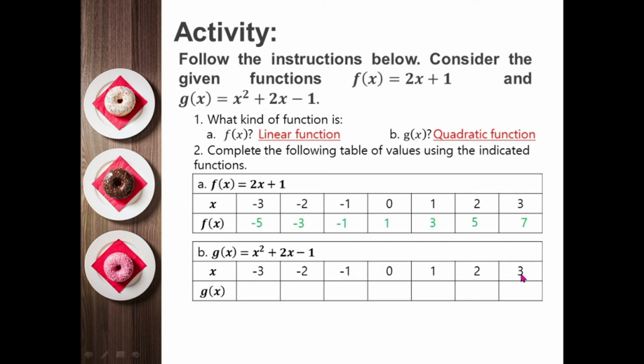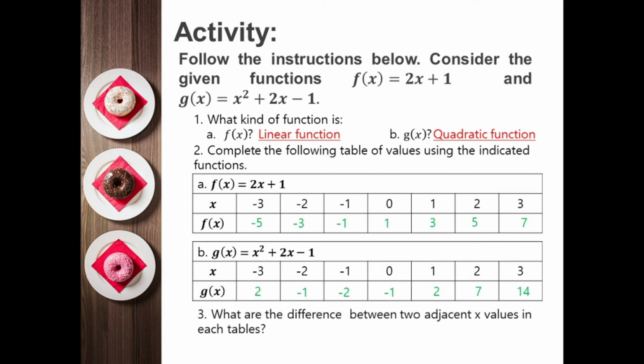And finally, if x is 3, our g of x would be 14. Okay, so now that we have completed our table of values, we are going to use this in answering the third question.